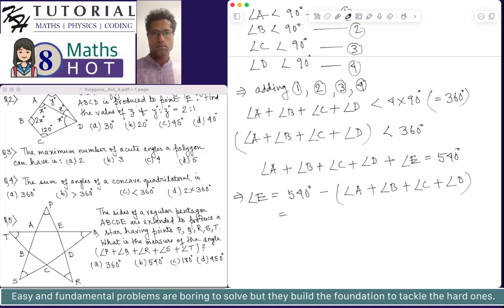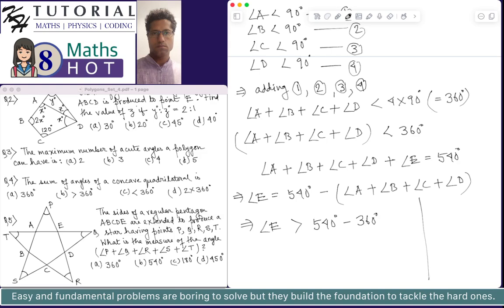So I can say that angle E will be greater than 540 degrees minus 360 degrees. Why?